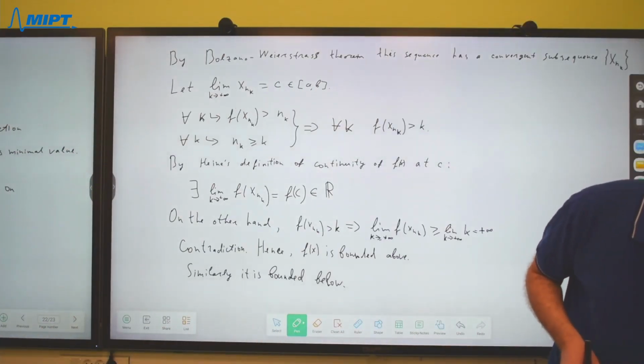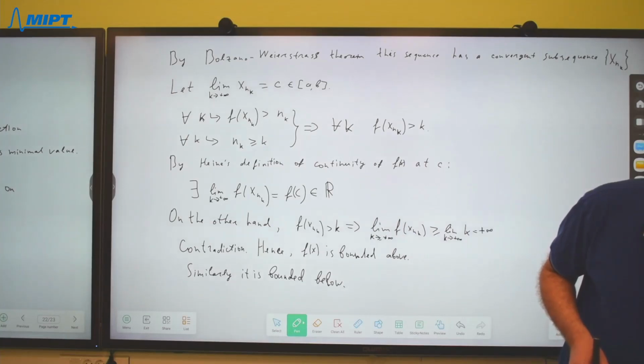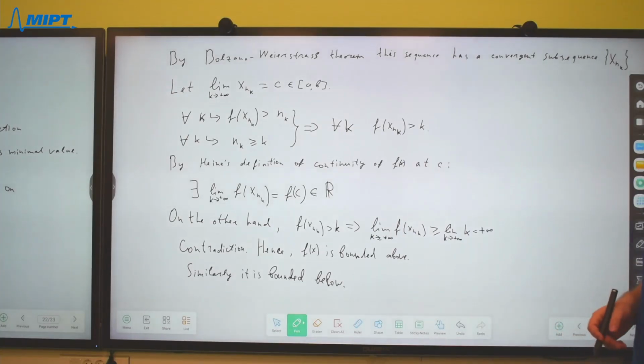So my function is bounded above and bounded below, so we have proved the first half of this theorem. Any questions so far?